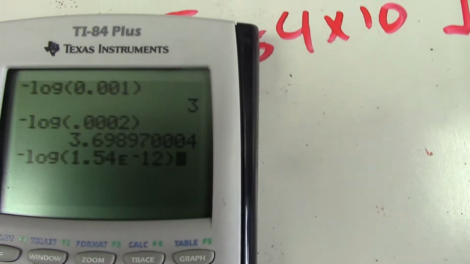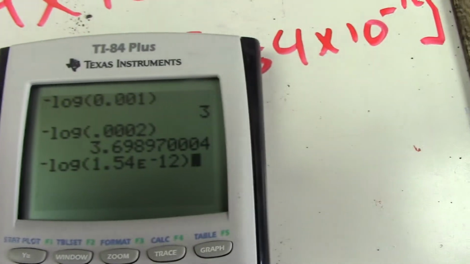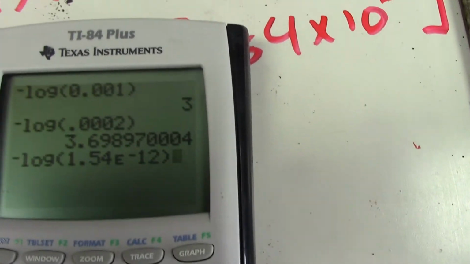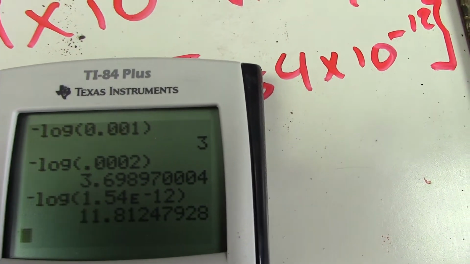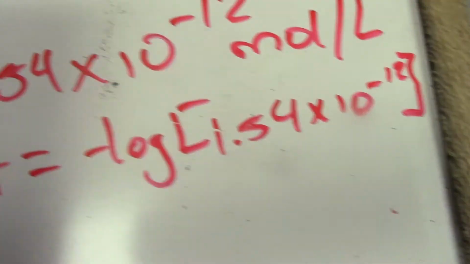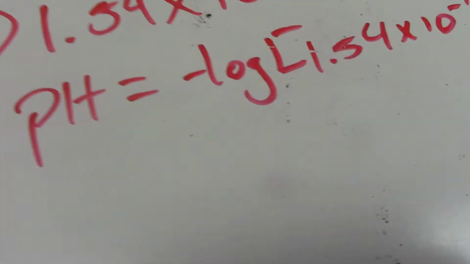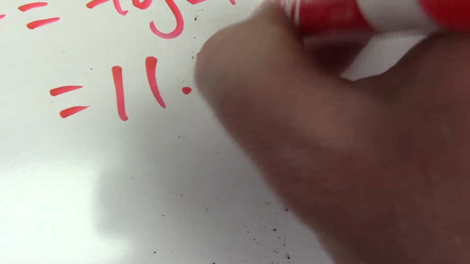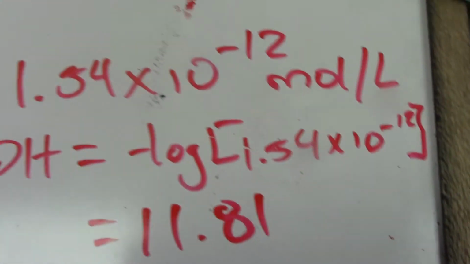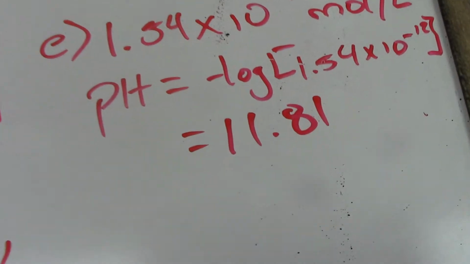It should look like that. A lot of you have calculator issues, and you know how to do the problem, you just don't know how to use your calculator properly, so use that as a little tutorial. That should equal about 11.81. You can see that because this is a dilute concentration of hydronium, the pH is very high, so this is quite basic. That is how we solve for pH.